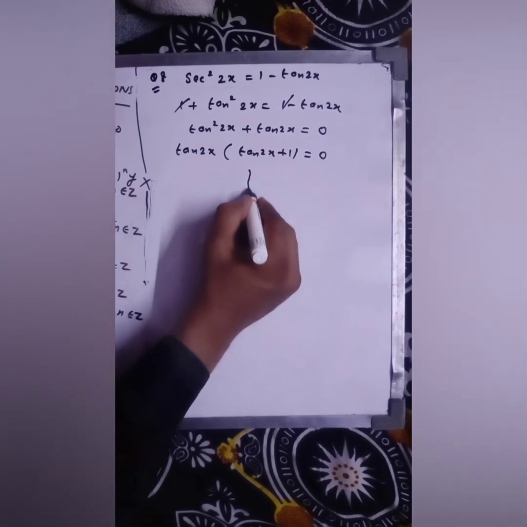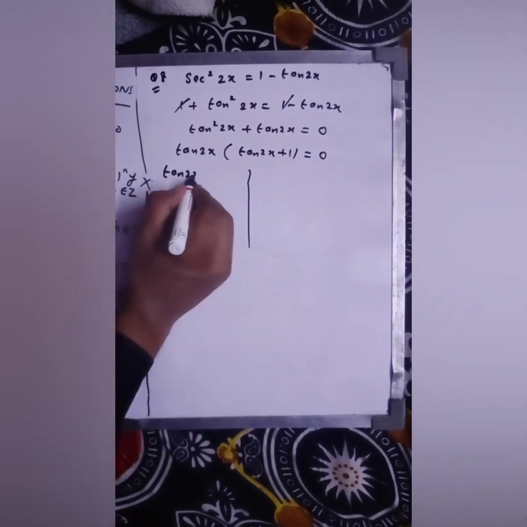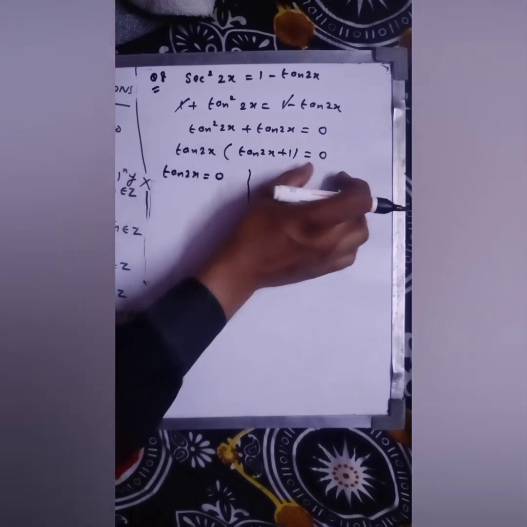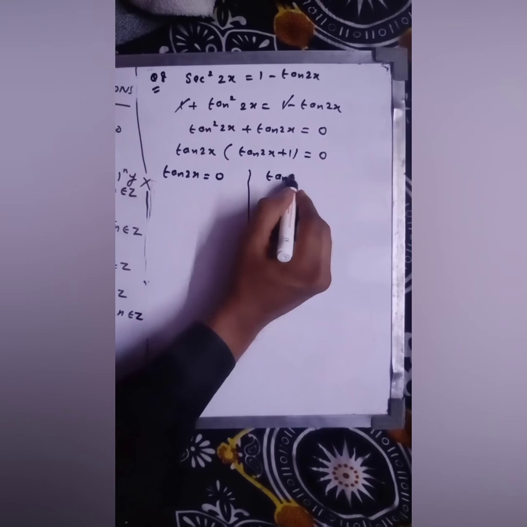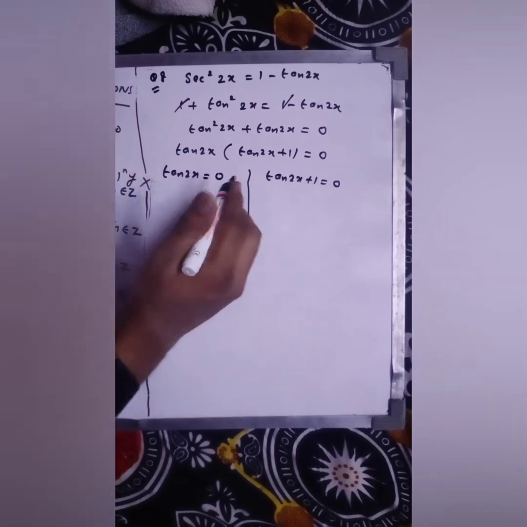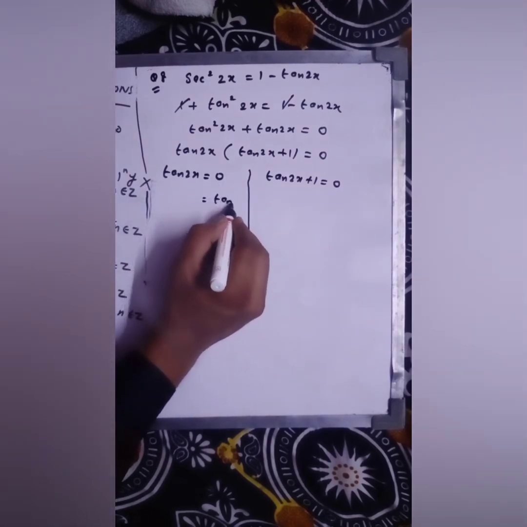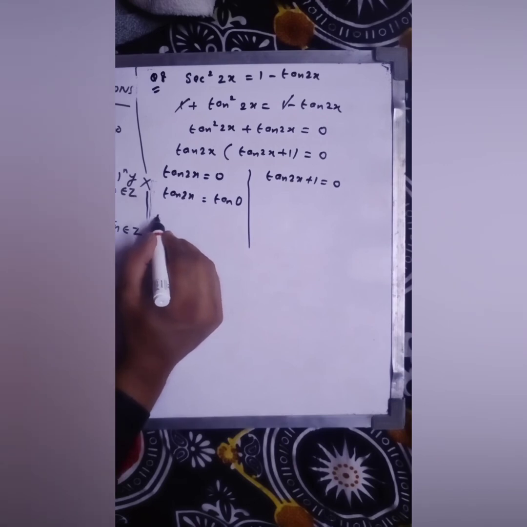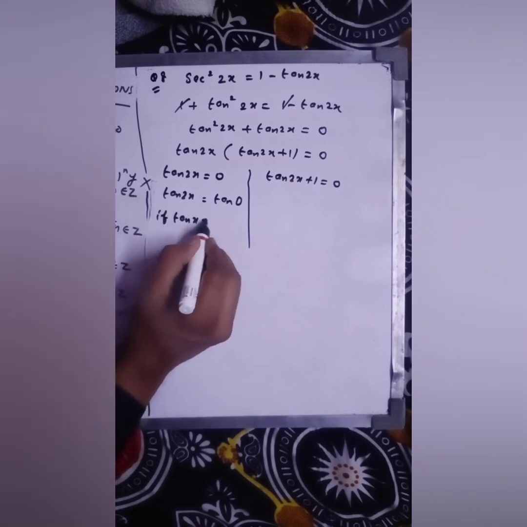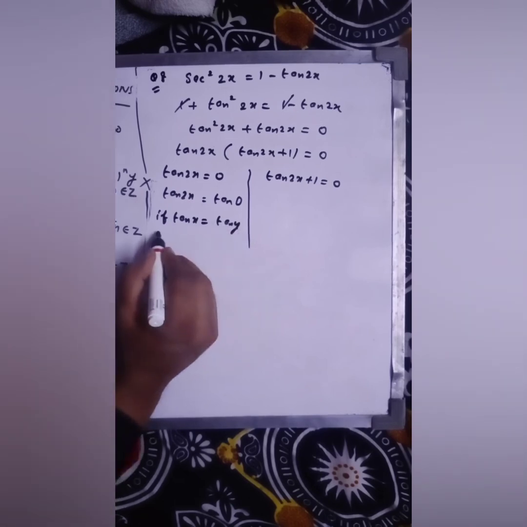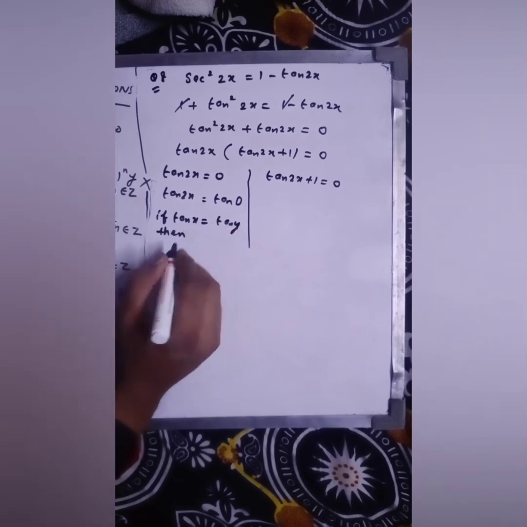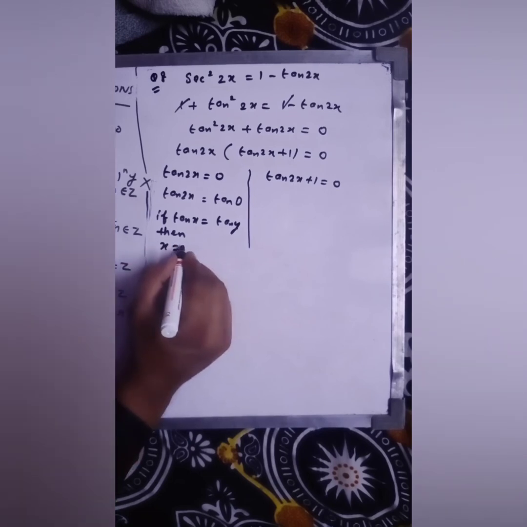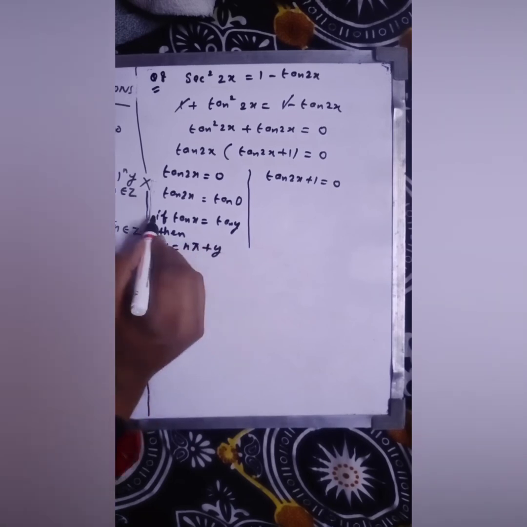Now this tan 2x is equal to 0, or tan 2x plus 1 equals to 0. So at a place of 0 I am writing tan 0, and then apply formula. I am writing the general formula here. If tan x is equals to tan y, then your x would be equals to n pi plus y.